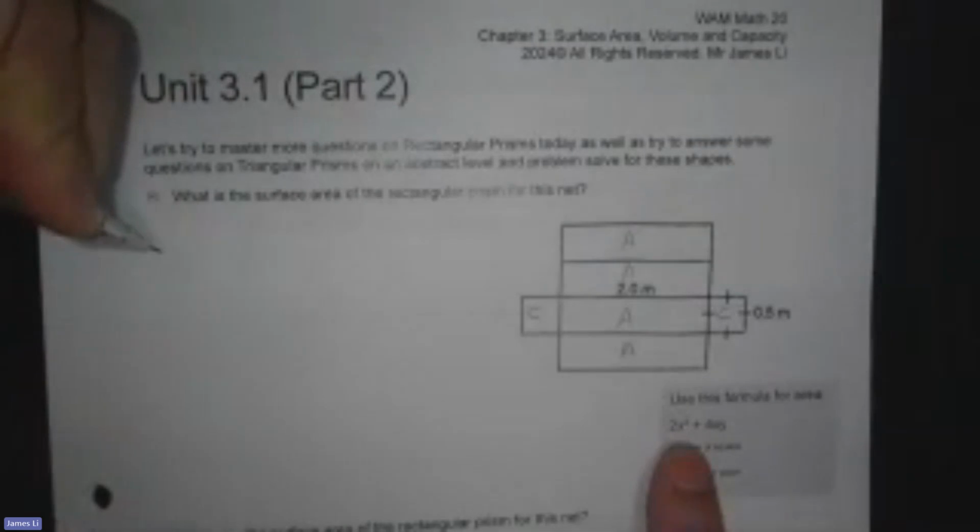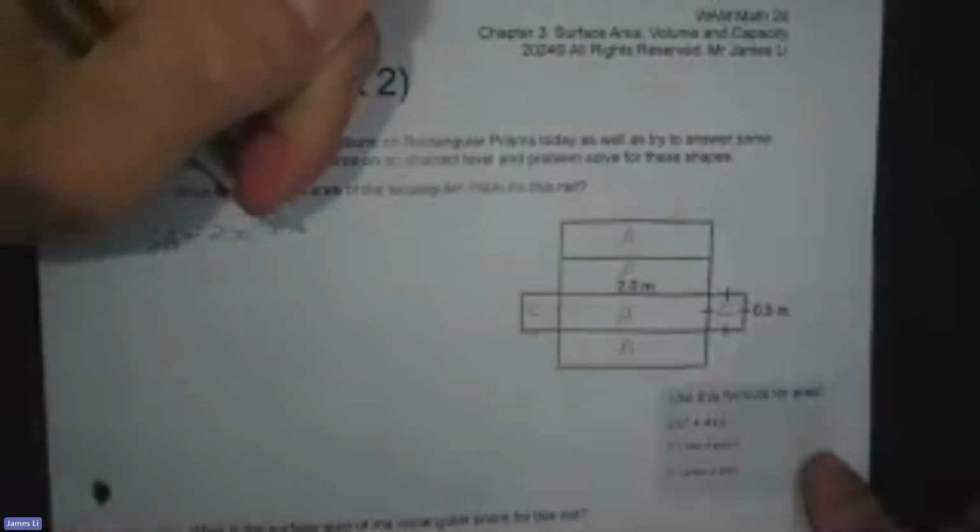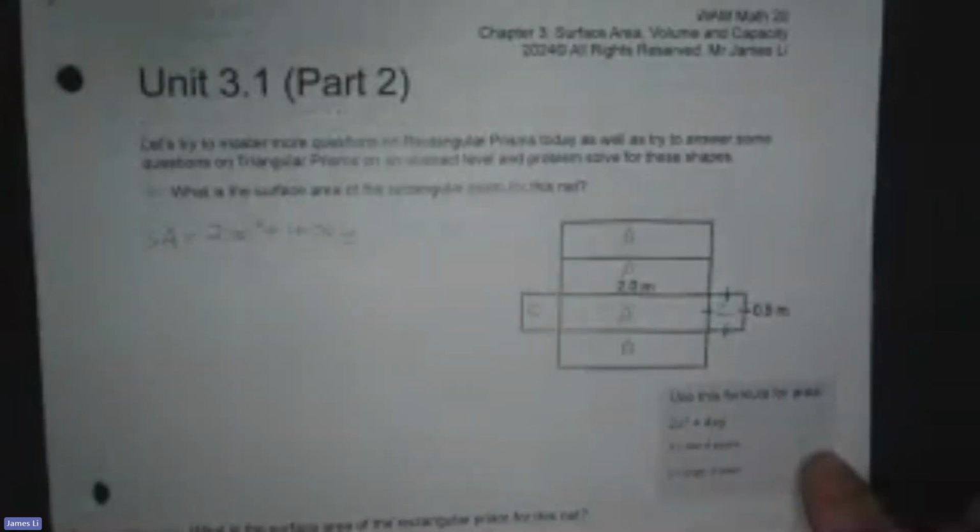All you need to do is simply use this formula here, which is surface area equals 2x squared plus 4xy, where x is the side of the square, which is 0.5 meter, and y is the length of your prism, the long side, which is 2 meters.